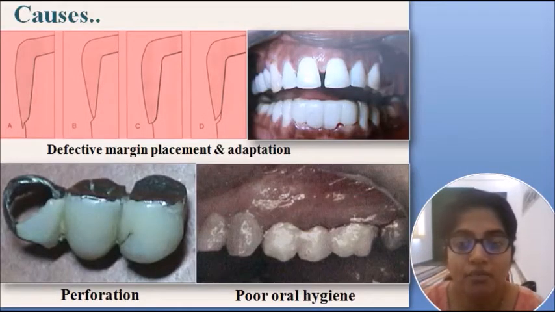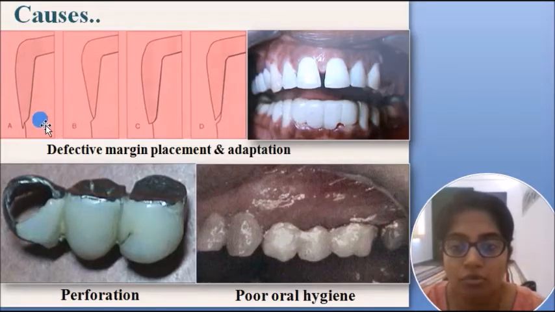So you can see here what the causes are. First and foremost is defective margin placement: overhanging, under extension, over contouring, under contouring. Clinically you can see that it is a problem with the margin. Then there will be perforation.